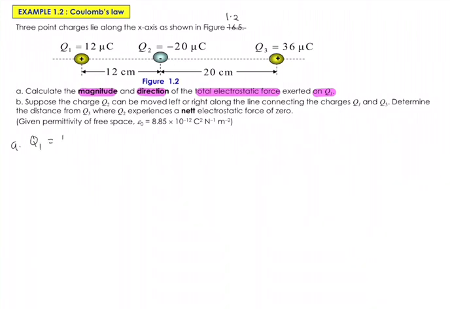Q1 is 12 microcoulomb. Q2 is negative 20 microcoulomb. And then Q3 is 36 microcoulomb. The distance between Q1 and Q2 is R12, and the distance between Q1 and Q3 is R13.